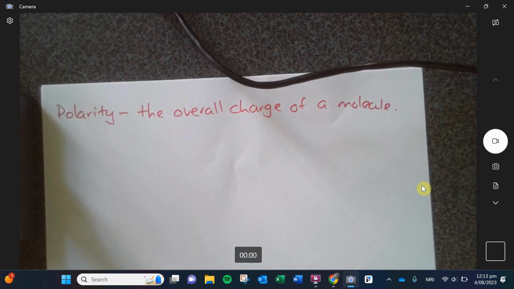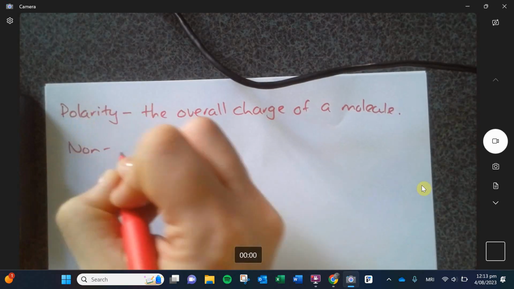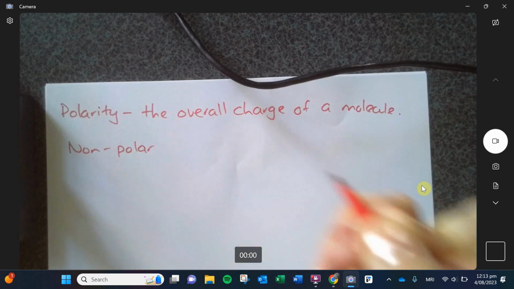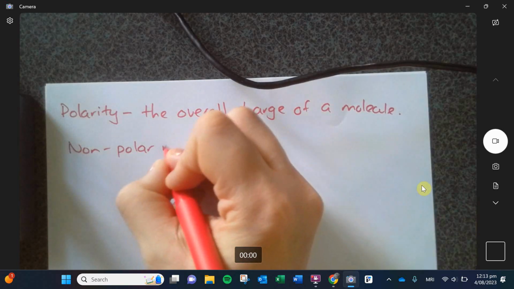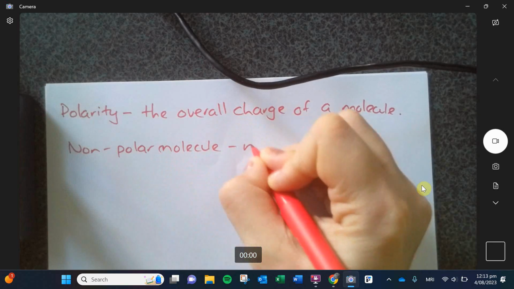We have two choices when we are thinking about polarity. You either have something that's nonpolar or bipolar, no. Nonpolar and polar, those are the two choices. So a nonpolar molecule is something that has no charge.